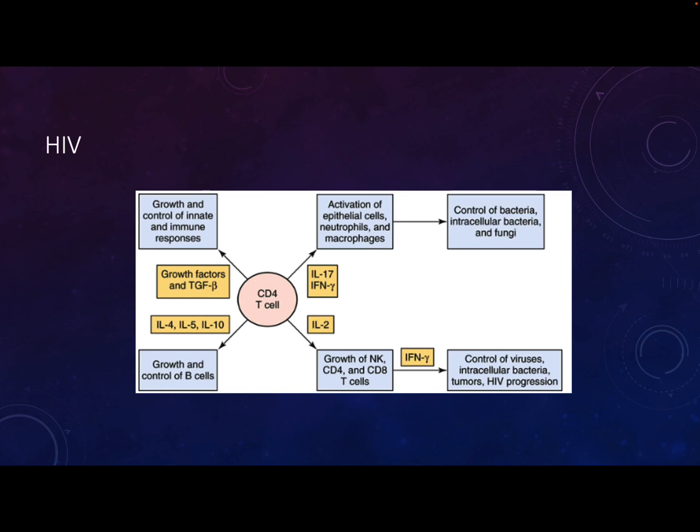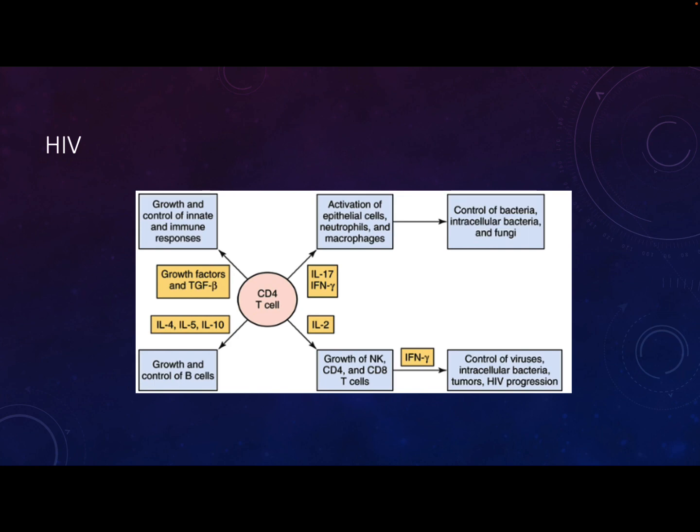So when you lose the CD4 positive T cells, you lose the control of bacterial infection, intracellular bacterial infection, fungal infection, viral infection, tumor progression, and HIV progression.